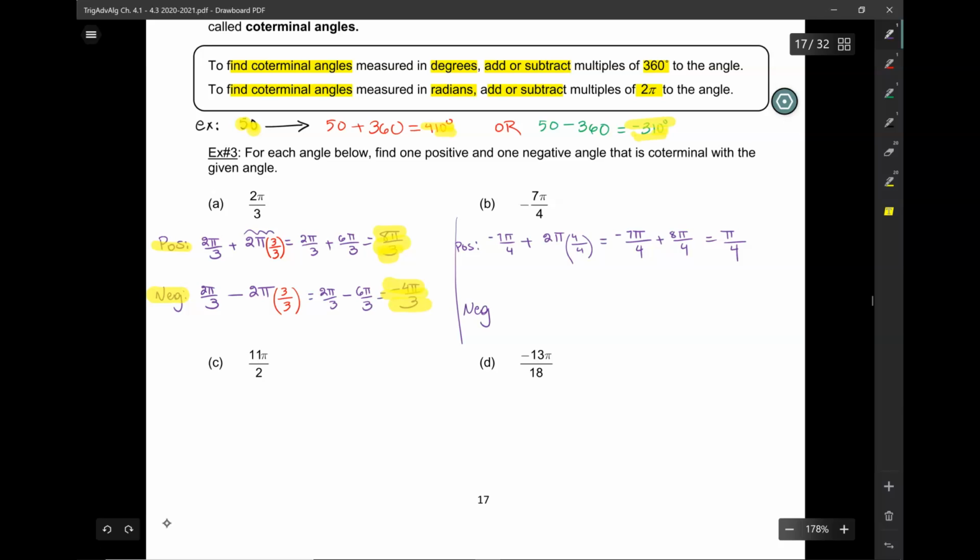For the negative, I subtract 2 pi. The denominator is 4, so I multiply by 4 over 4. Negative 7 pi over 4 minus 8 pi over 4, negative 15 pi over 4. And that's my positive and negative coterminal angle.